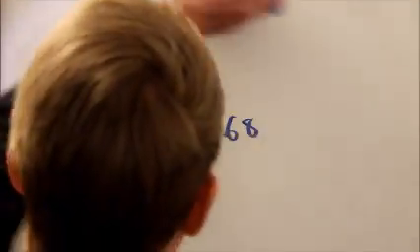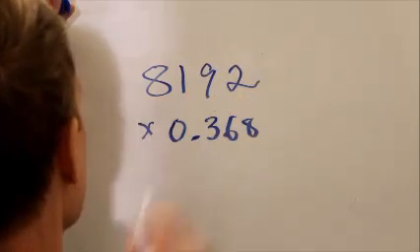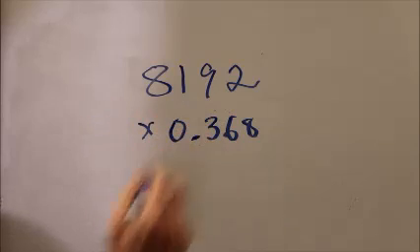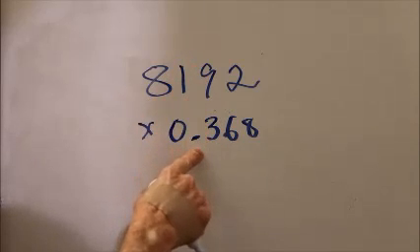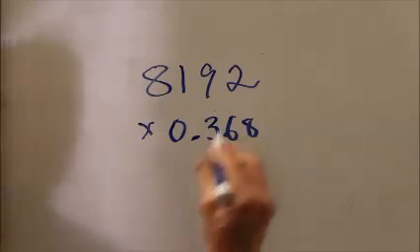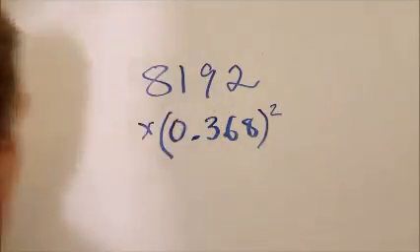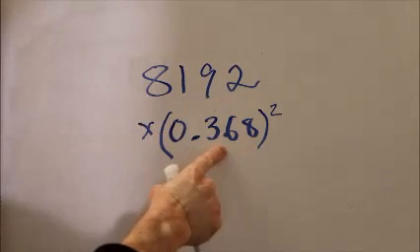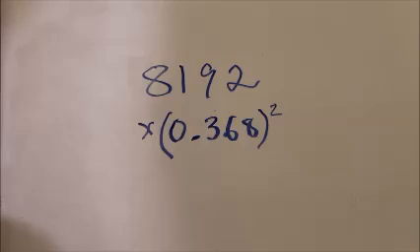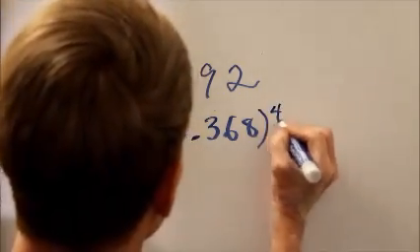Well, we're starting out with 8,192 isolated neutrons in this question. After 15 minutes, we should expect to have this many. After 30 minutes, we should expect to have that many. We multiply by 0.368 again. After an hour, 0.368 to the 4th power.